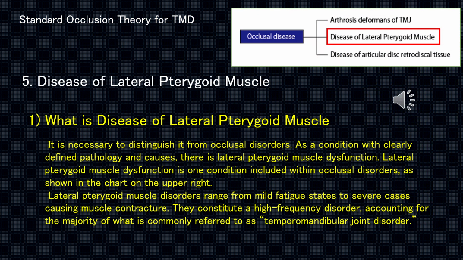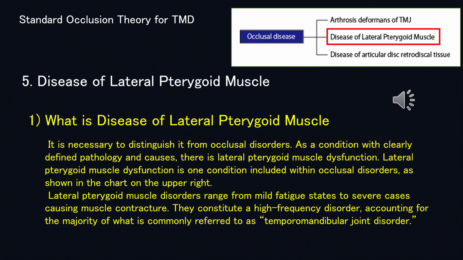1. What is disorders of the lateral pterygoid muscle? It is necessary to distinguish it from occlusal disorders. As a condition with clearly defined pathology and causes, there is lateral pterygoid muscle dysfunction.